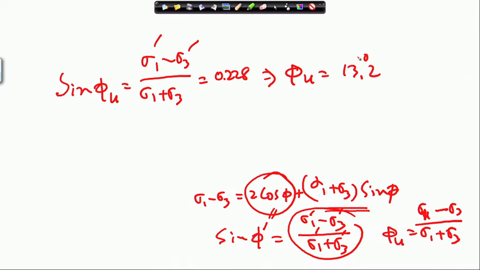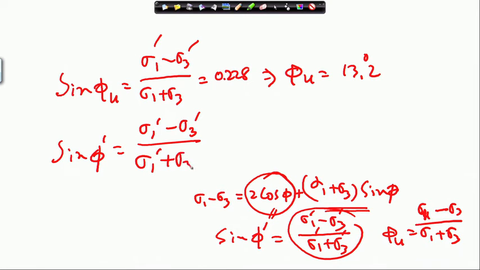13.2 degrees. And if I do sin phi prime, that will be sigma 1 dash minus sigma 3 dash divided by sigma 1 dash plus sigma 3 dash, and if I put in all the effective stress values, I can find it out. I am doing this with respect to the first test.